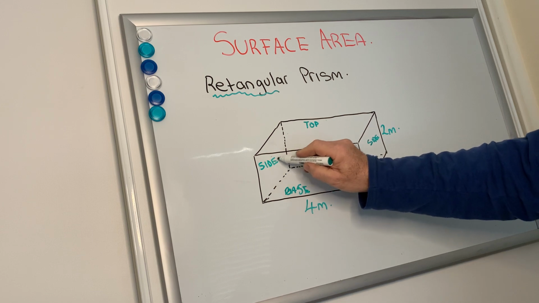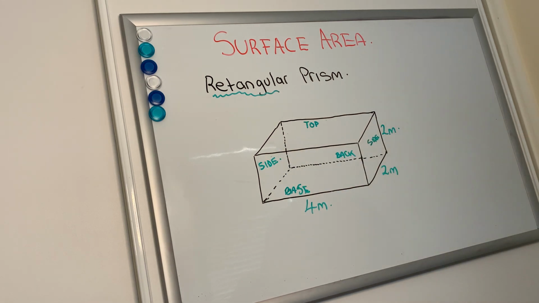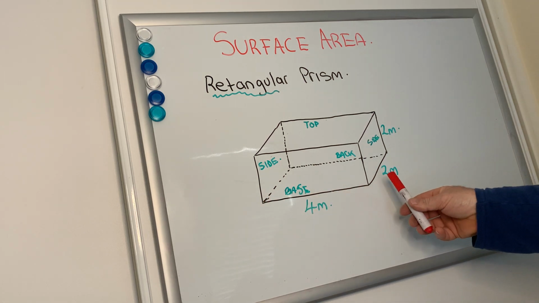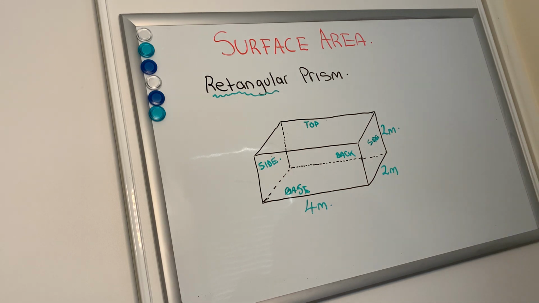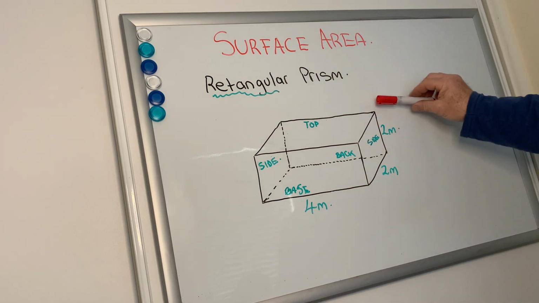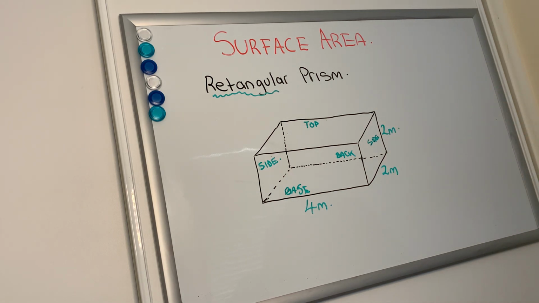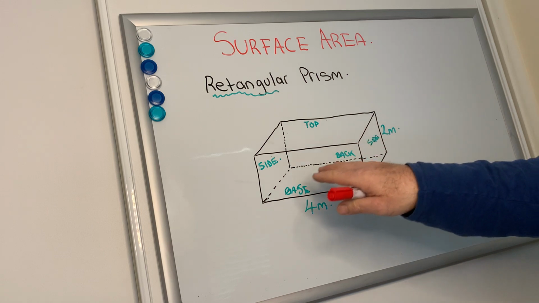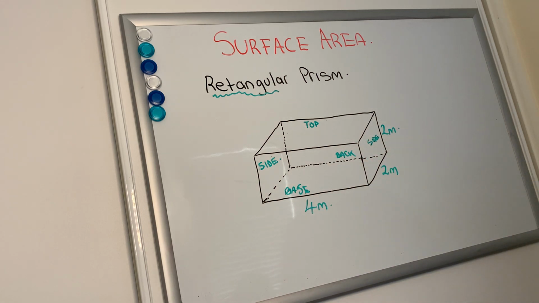Now, if we look at it further, it has a length of 4 meters, it has a width of 2 meters, and it has a height of 2 meters. So with that information in mind, let's go through and dissect this, and draw a pictorial view of the surface area.